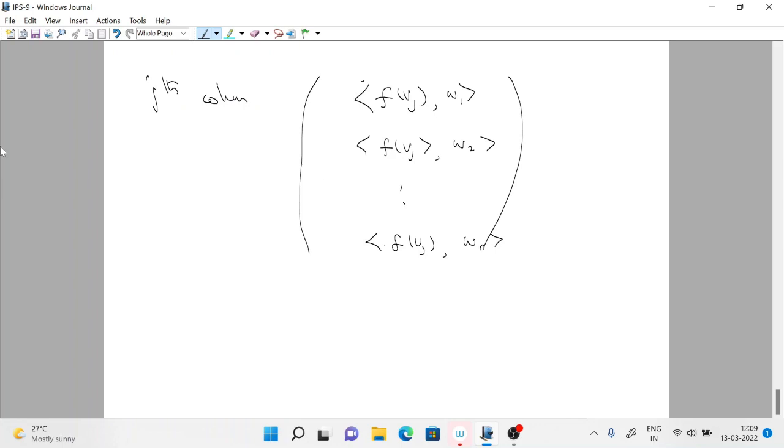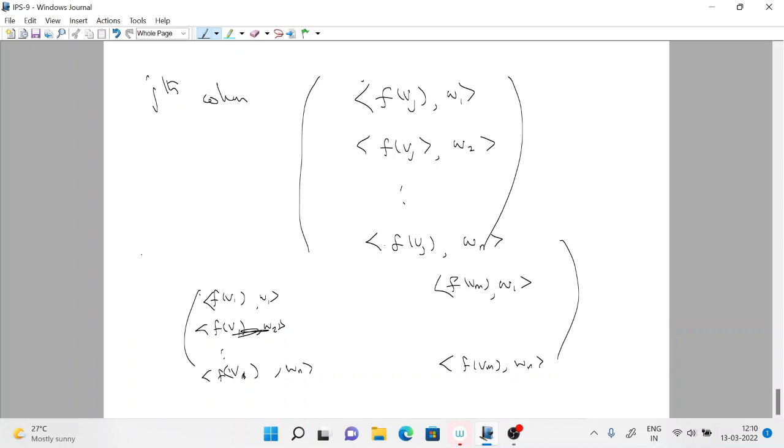I hope all of you understand this. Therefore, you know how to write down the entire matrix. The entire matrix will be f of V1 inner product W1, f of V1 inner product W2, and so on, f of V1 inner product with Wn, and the last one will be f of Vm inner product with W1 and so on up to f of Vm inner product Wn.